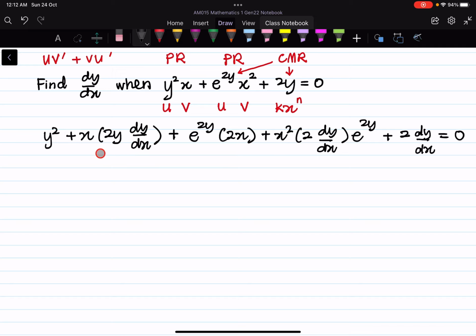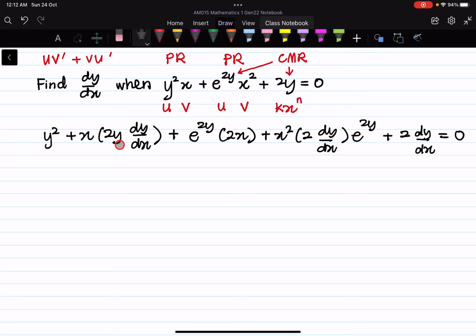Now let us collect all the terms with dy/dx on the left hand side and terms that do not have dy/dx on the right hand side. So I'm going to rearrange this.